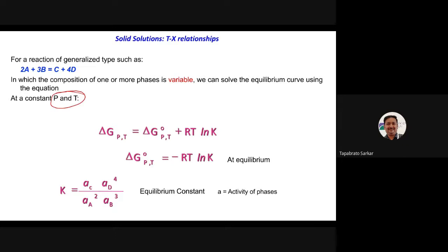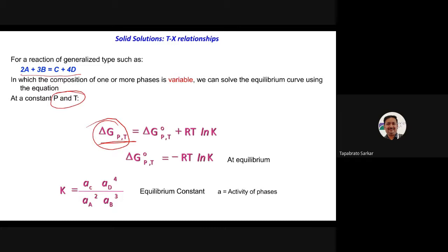Where del G at a particular pressure and temperature, which is the constant pressure and temperature, equals del G0 plus RT ln K. Now we know that at a particular pressure and temperature, if the minerals are in equilibrium, which means 2A + 3B = C + 4D, that A, B, C, D are in equilibrium with each other, then del G equals 0.